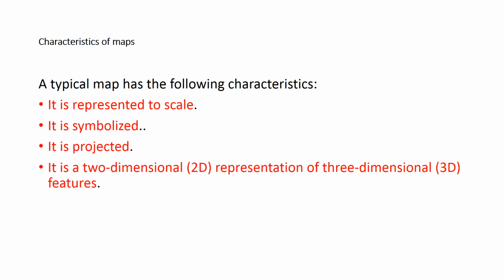What are the characteristics of maps? Maps are symbolized, they are projected, they are represented to scale, they are usually drawn in 2 dimensions but can also be of 3 dimensions depending on whether you are using a paper or a computer. On computers you can have a 3D drawing of features, but on papers this will be reduced to 2D.